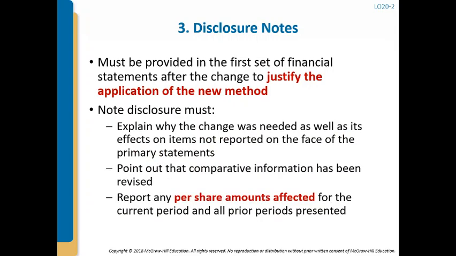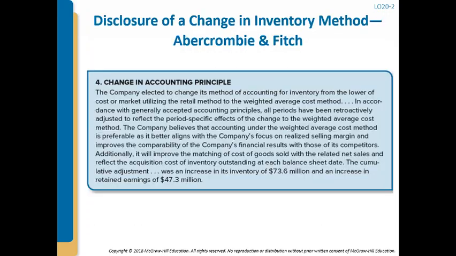You have to explain why the change was needed, its effects on items not reported on the face of the primary statements, point out that the comparative information has been revised, and report any per share amounts affected for the current period and all prior periods that are presented.